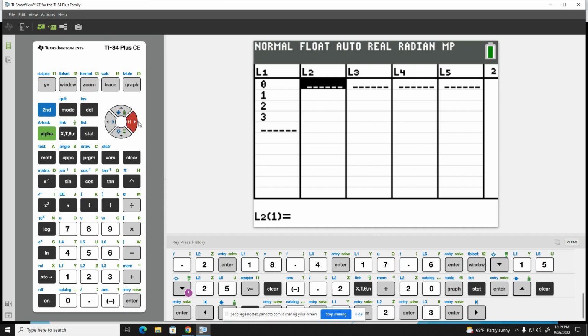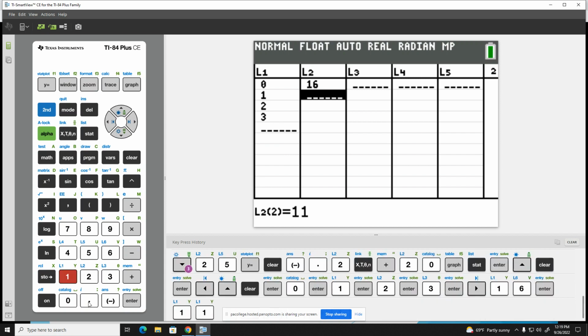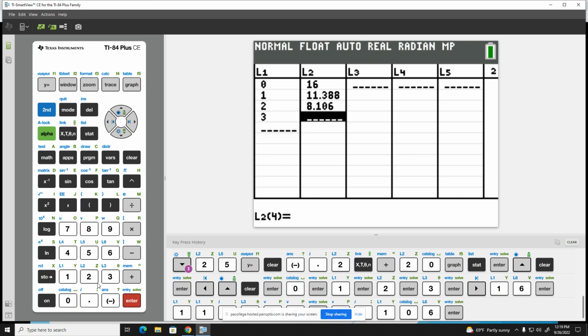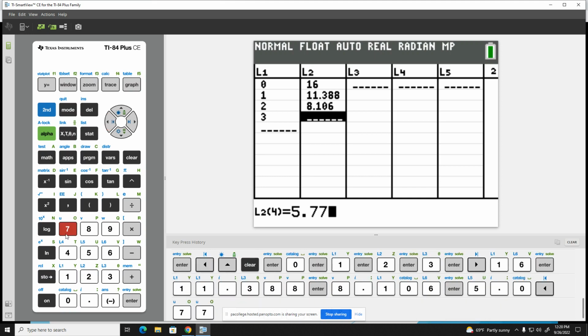And we'll arrow over, and we'll put in our milligram values, which are our y values, as our list 2. Oh, I have a typo there. Let me go back. All right, so I have my data in.